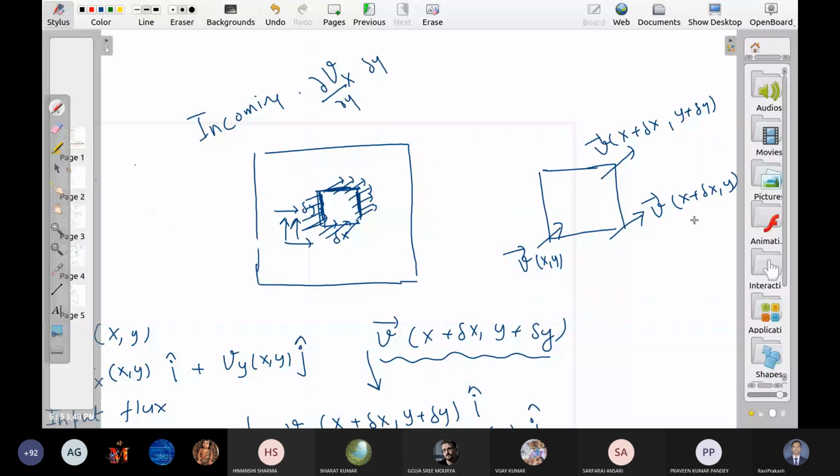The flux that is getting out from this side is how much? Flux out is actually vector V x plus delta x, y into delta y and integral y to y plus delta y. So that's why, okay.